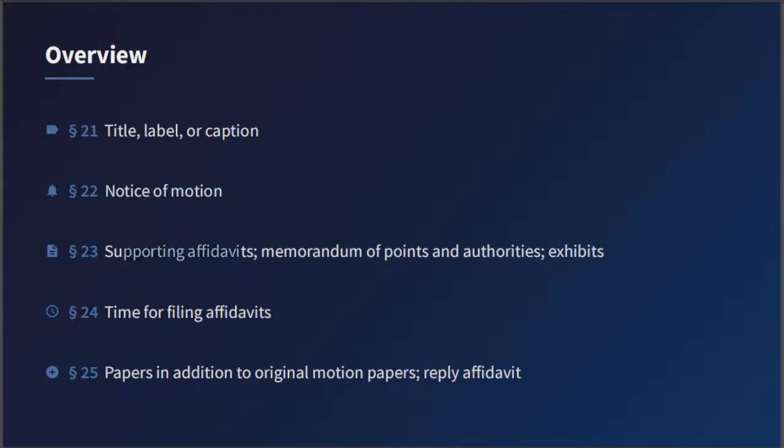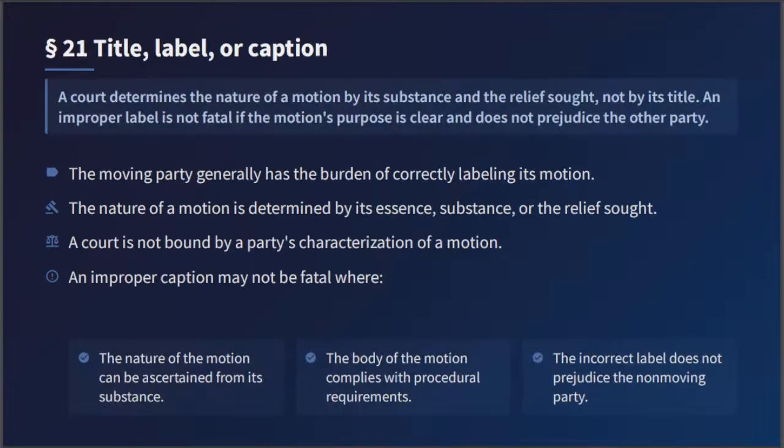Then the supporting affidavits, memorandum of points and authorities, and exhibits. And then we'll go over the timing for the filing of affidavits. And finally, the papers in addition to original motion papers, and the reply affidavit, for the main event. Let's get going. So, Section 21, the title, label, or caption.